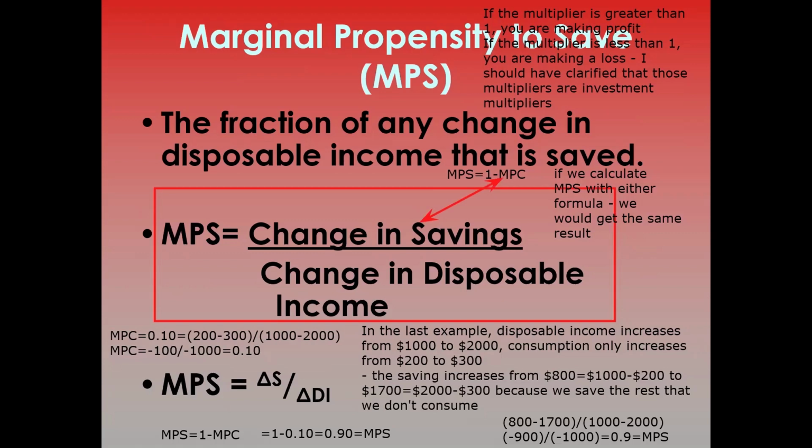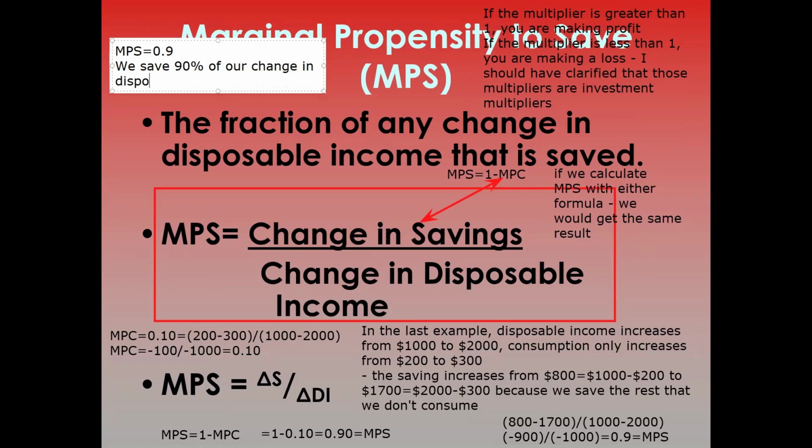So like I said before, all we need for this course is the interpretation. So the 0.9 here basically means our MPS is 0.9. We save 90% of our change in disposable income, basically.